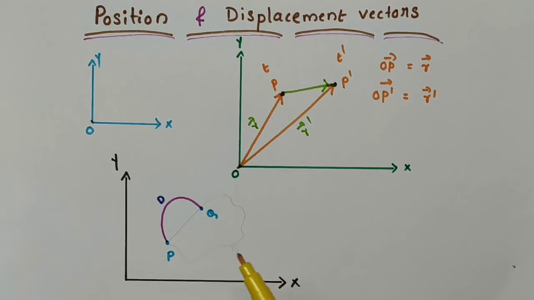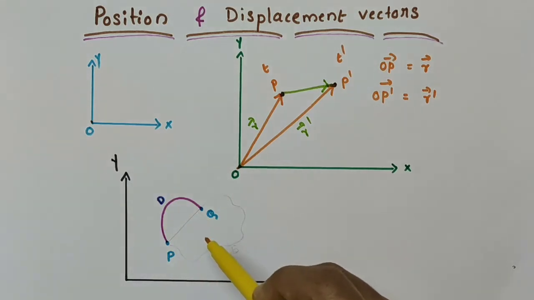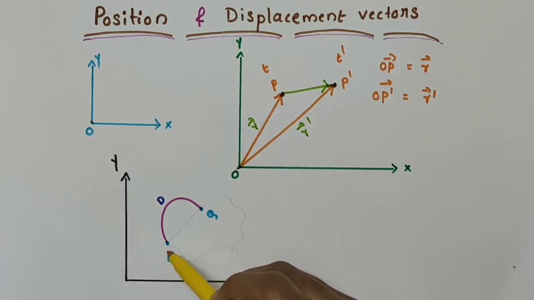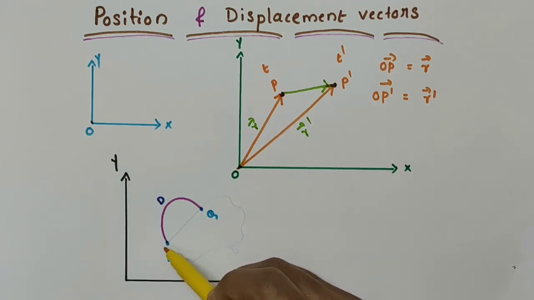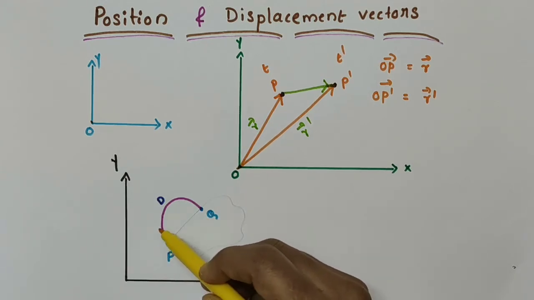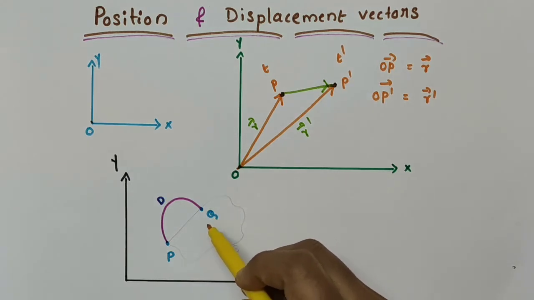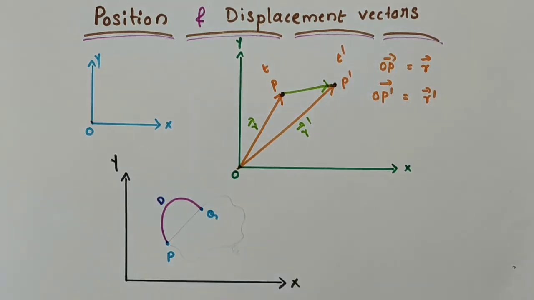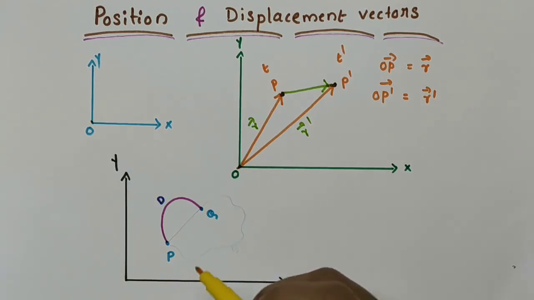For example, you see this figure. Let an object travel through this path PDQ, from the point P to the point Q. Initially it starts its motion from the point P, then it moves along this path to reach this point Q, where Q is the final position of that object. So here, what will the displacement vector be? The displacement is actually the straight line distance between the initial and final position.